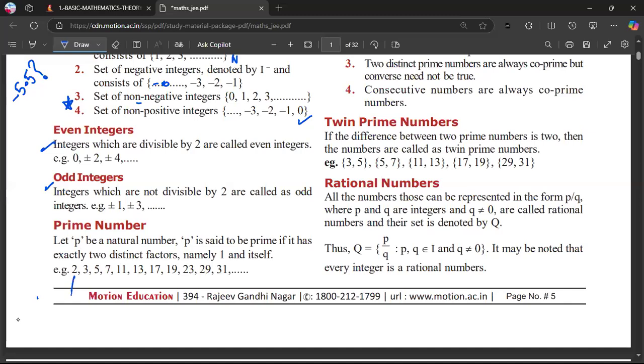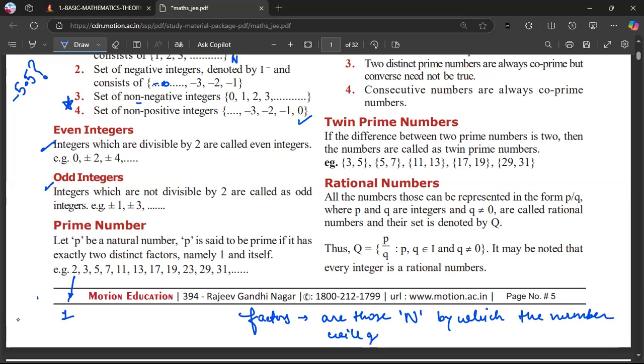Here we can see 2's factors are 1 and 2. Factors are those natural numbers by which the number we are discussing will get completely divided.